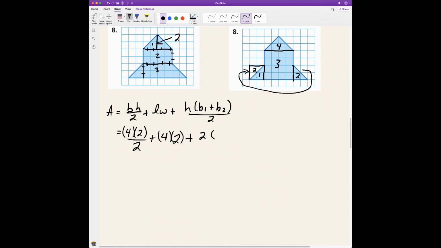That is 1, 2, 3, 4 units. Plus base 2. What is the length of the second base of my trapezoid? Well, it's 1, 2, 3, 4, 5, 6, 7, 8. 8 units, and that is all divided by 2. So now we just have to do some math, right? Now we just have to do some math. So when you guys do the math, what do we get?